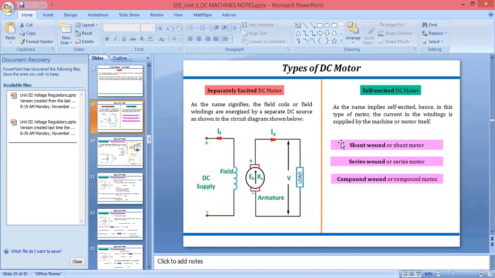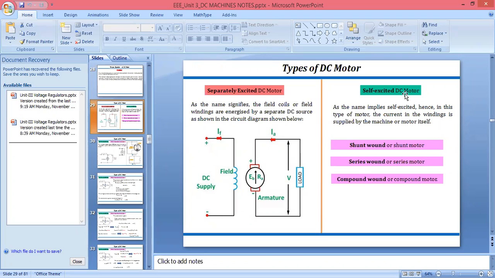When we give DC supply to the motor, current will be provided to the field winding by that DC motor itself. That type of DC motor we call self-excited.